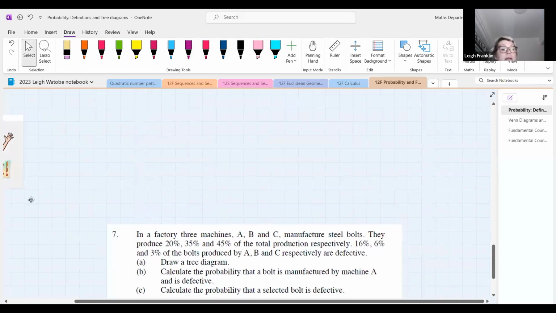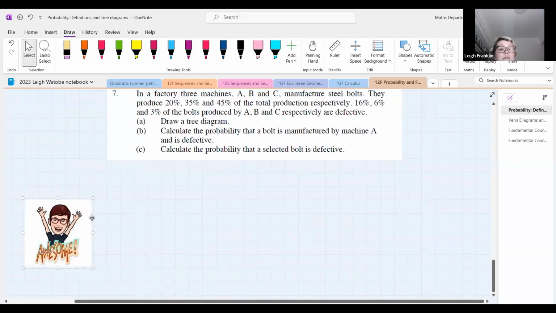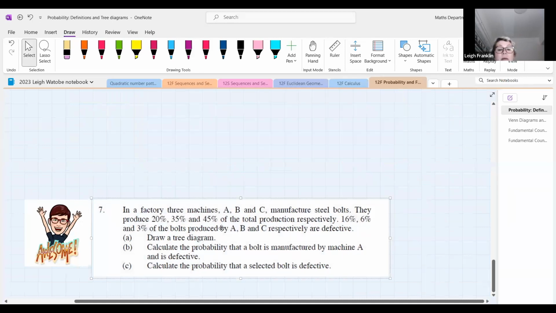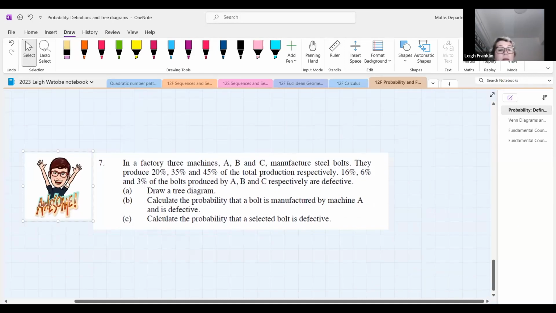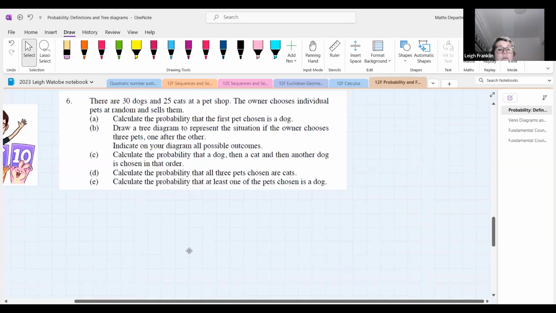I was hoping we were going to get to that, but I'm not sure that we will. Let's just move this down, and let's go back to this example over here.